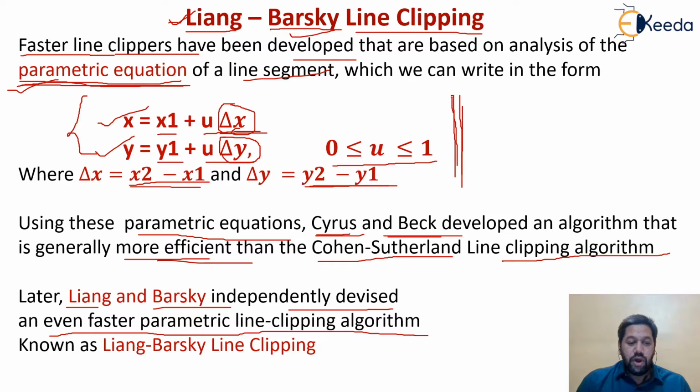The line clipping algorithm of Liang and Barsky is even faster than the algorithm of Cyrus and Beck. It became famous, everyone started using it, and everyone refers to it as the Liang-Barsky line clipping algorithm.